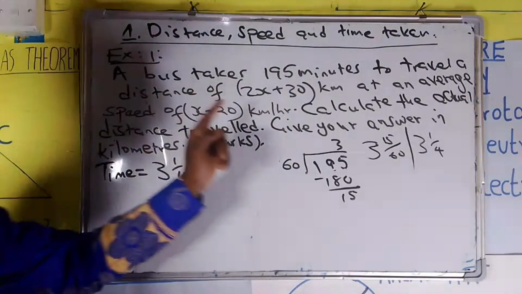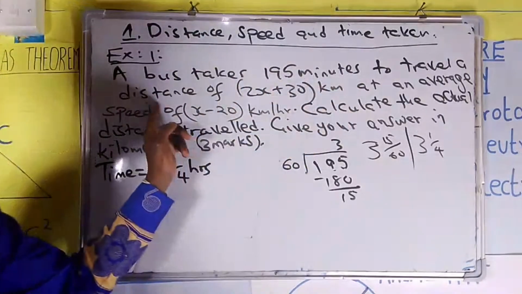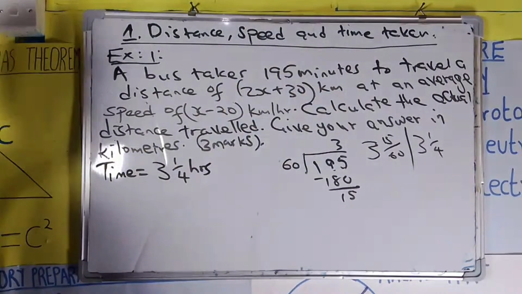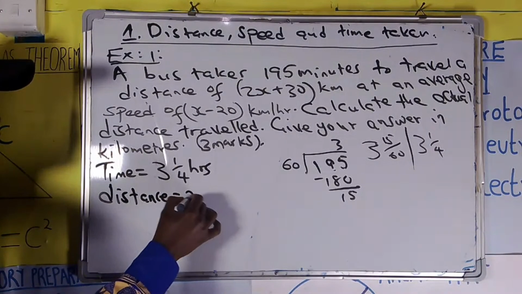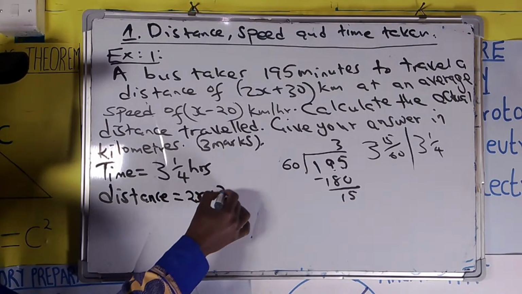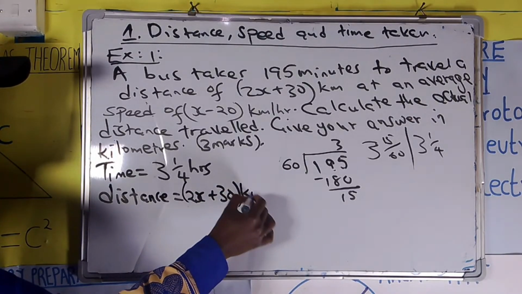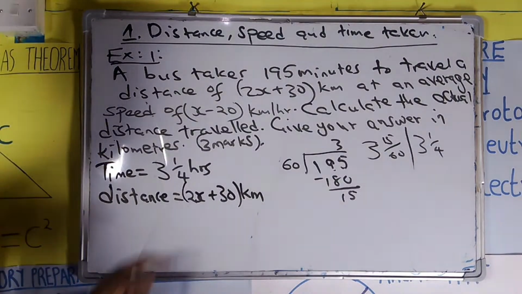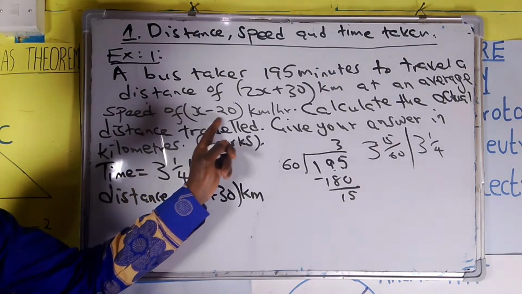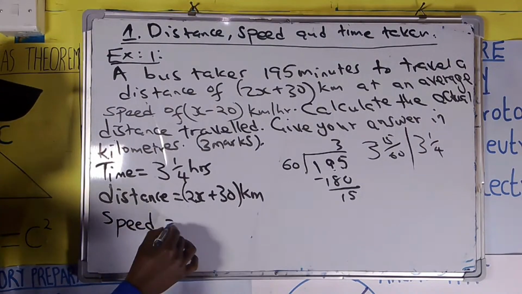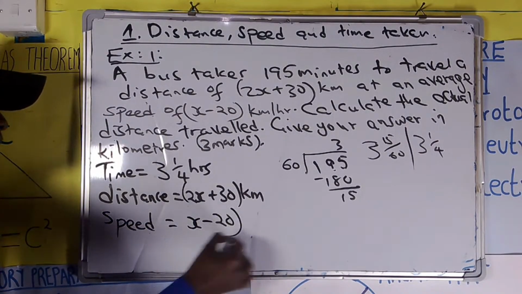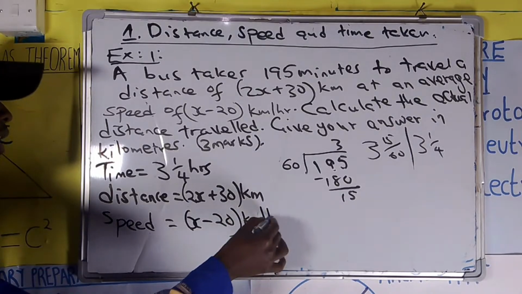Then we are told a bus takes 195 minutes to travel a distance of 2h plus 30. So our distance is equal to 2h plus 30 kilometers, at an average speed of h minus 20 kilometers per hour.